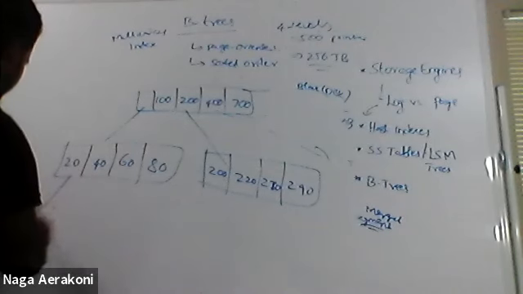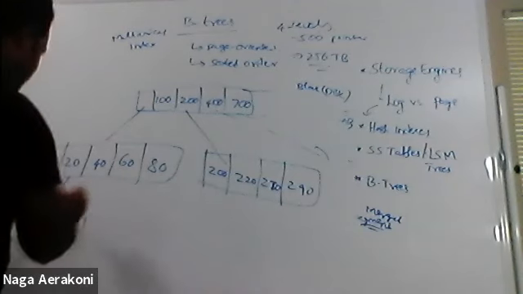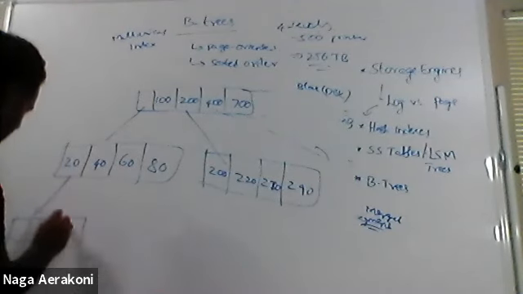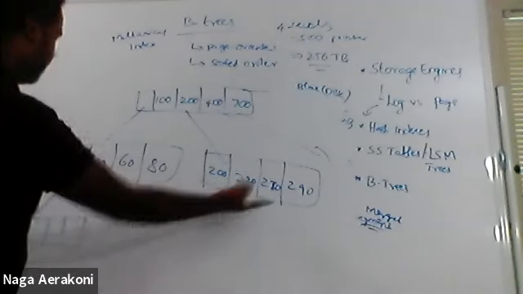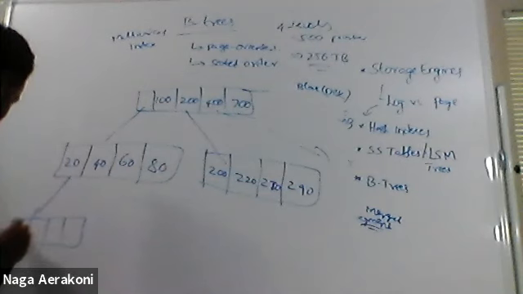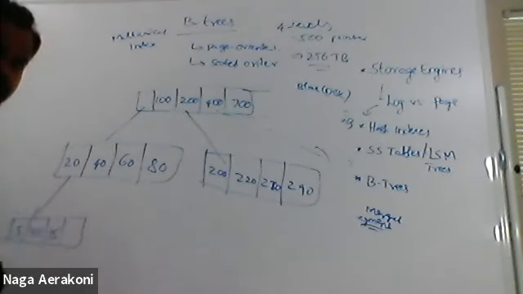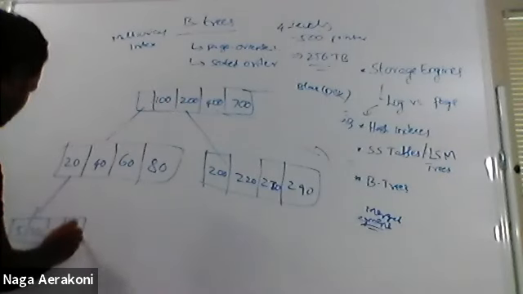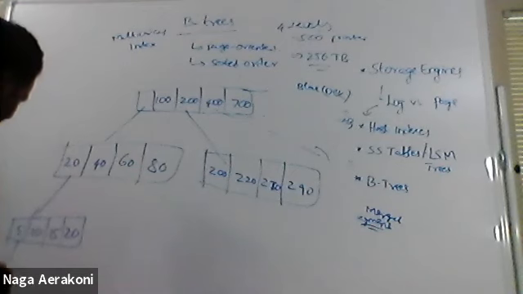Each of these, again, will have keys up to... Okay, I think I need to make sure: 1, 2, 3, 4. So all of the nodes will have 4 levels. I'm just showing the 4 levels. So let's say 5, 10, 15. I don't know if this is visible. Okay, 20. Each of these again will have 4 entries.